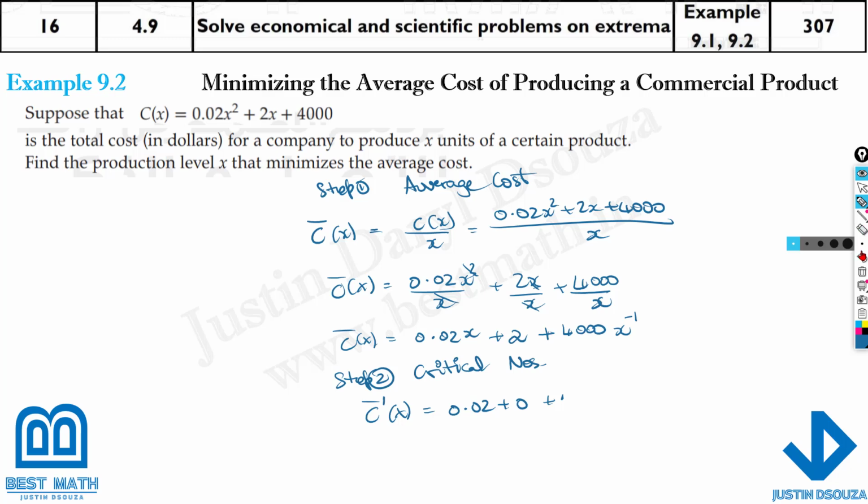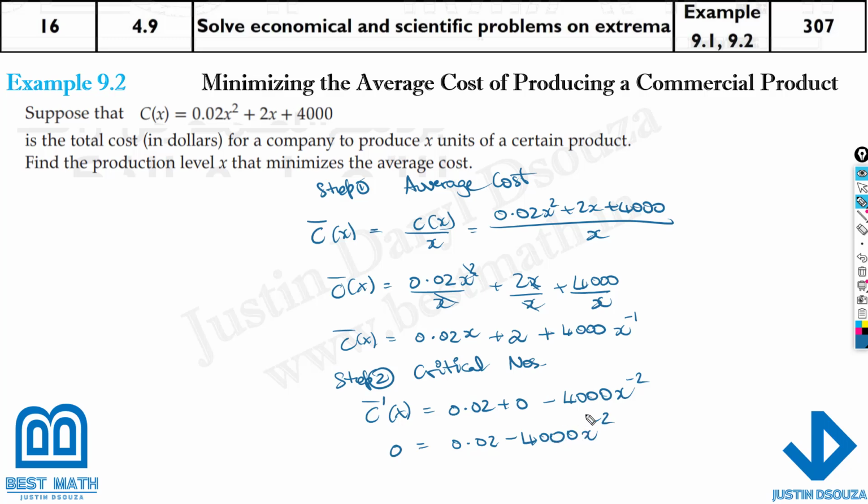Now what happens over here? We have a negative x to the power minus 1. So this becomes minus 4000, and minus 1 minus 1 will be minus 2. So let's make this equal to 0: 0 equals 0.02 minus 4000 x to the power minus 2. Now there are different ways to solve this.